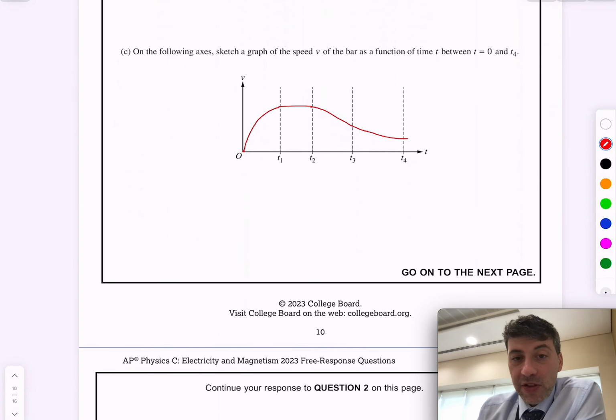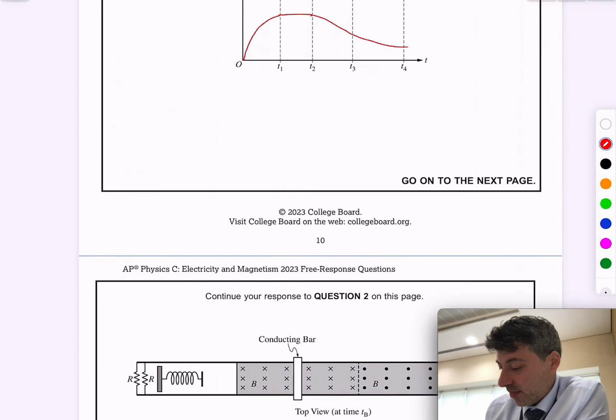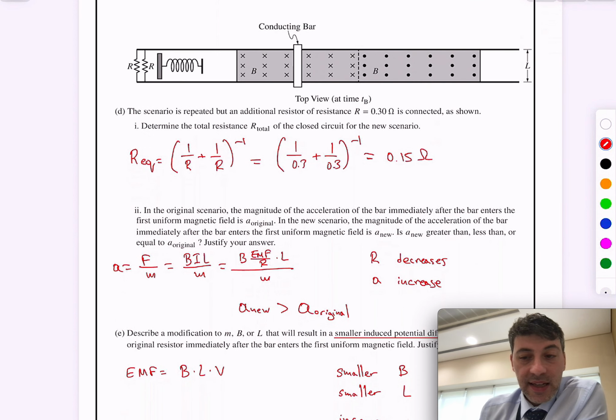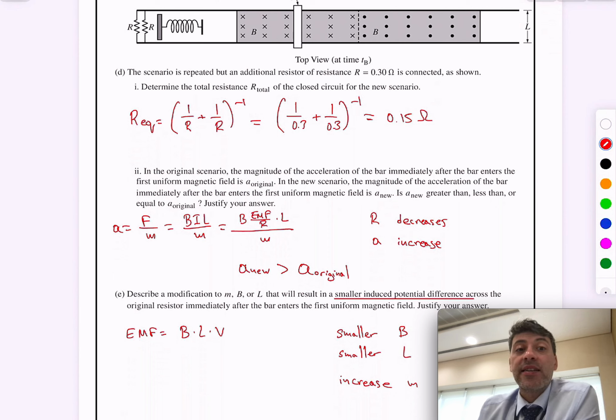Then, in my opinion, this is the hardest part, that the speed increases, remains constant, and then it decreases non-linearly. And the resistance, for actually we have an electric circuit, two resistors in parallel, what change does this bring to the acceleration, and how we can decrease the EMF.